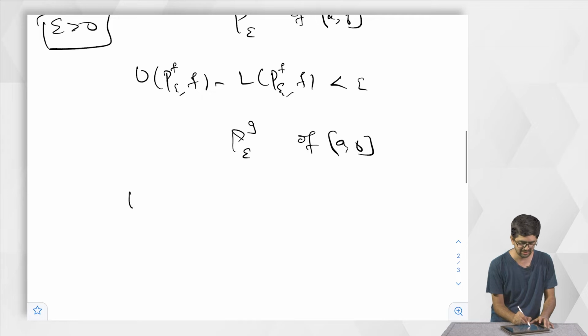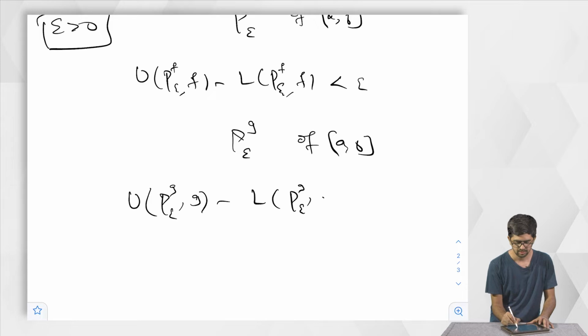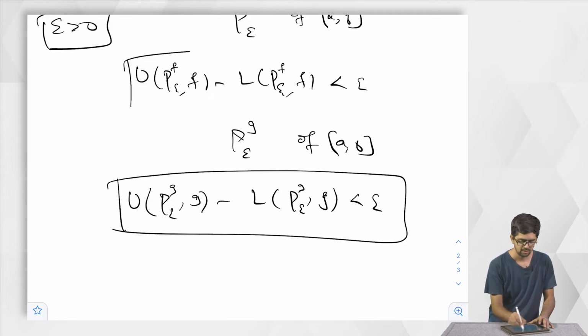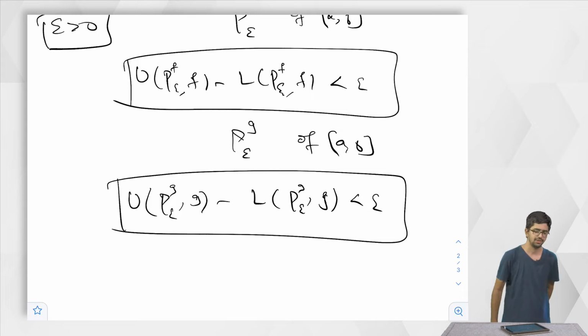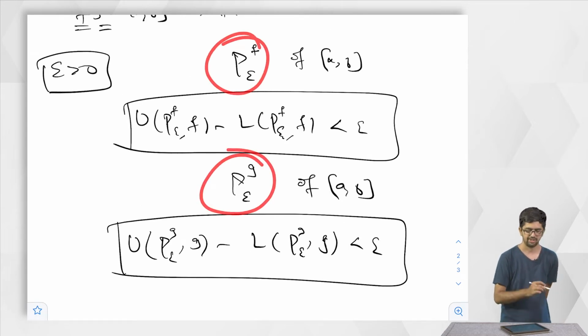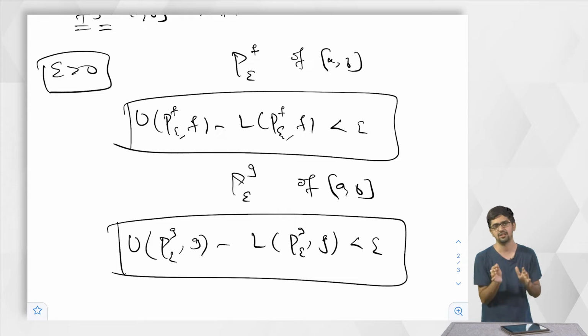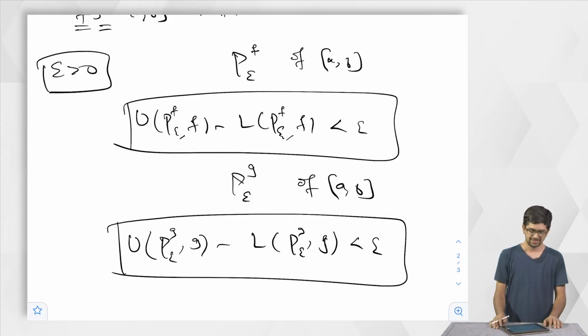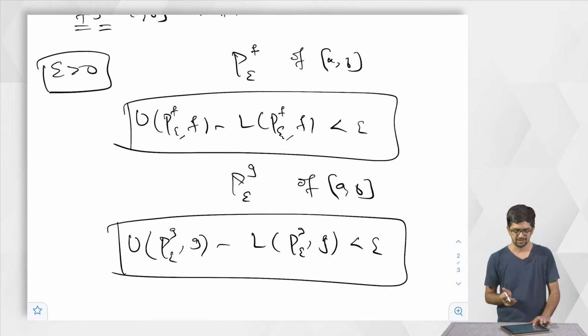And then the same condition: U(P epsilon g, g) minus L(P epsilon g, g) is less than epsilon. Now we have two conditions. Now the problem is these two partitions may not be the same, may not be related at all. So how do I proceed? This is where the notion of refinement comes to rescue us.